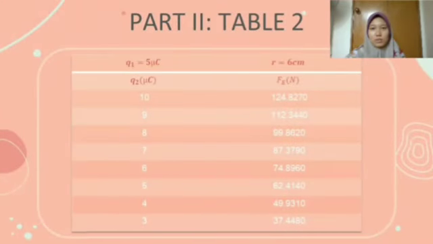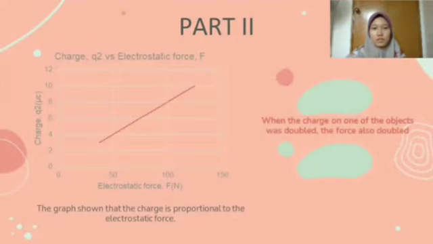Okay, for part 2, we can see table 2 where we get the values of Q2 and electrostatic force. We can see the graph of charge and electrostatic force. This graph shows that the charge is proportional to the electrostatic force, which means when the charge increases, the electrostatic force will increase.